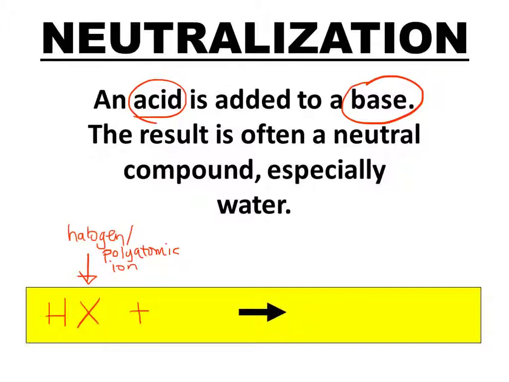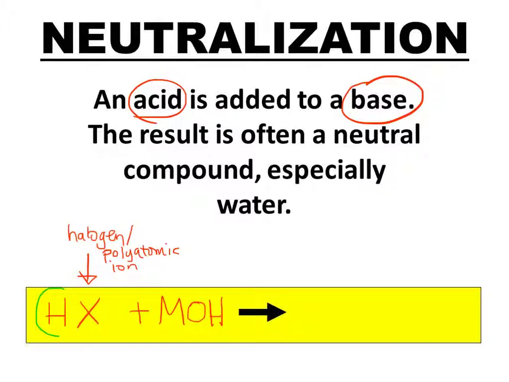A base in this case is always some type of hydroxide. So I'll go ahead and write this as a metal hydroxide, MOH. And neutralization is basically just another way of doing a double replacement.